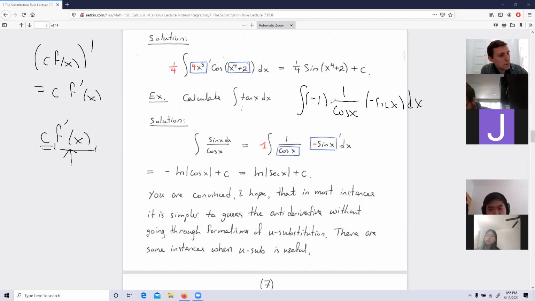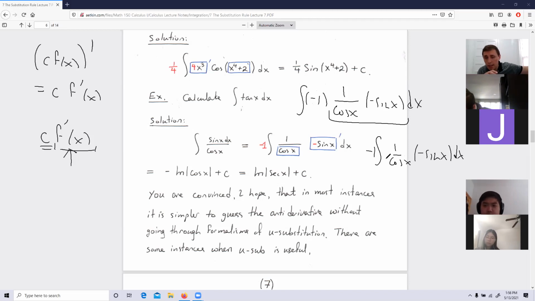But what it means, find the antiderivative of this function, means it's the same as finding the antiderivative of this function, which is the same as -1 over cosine x minus sine x dx. You see why I move it out, because to find the antiderivative of this whole function is the same as to find the antiderivative of the function and take the constant out, multiply the constant later. You understand? It's obvious by the language.